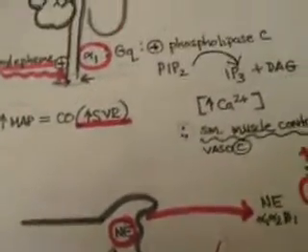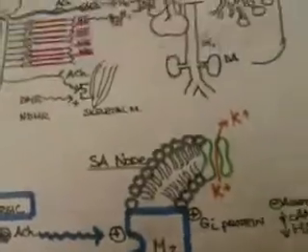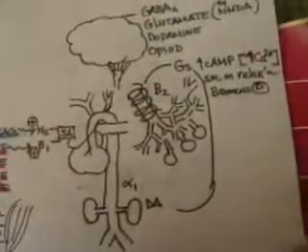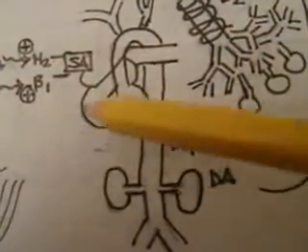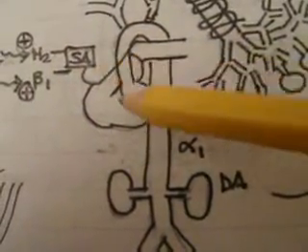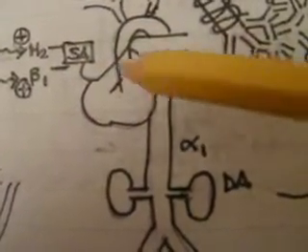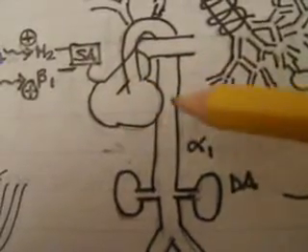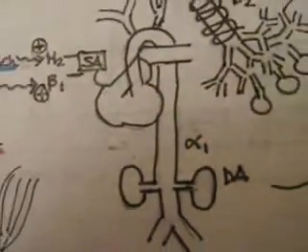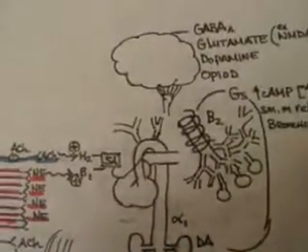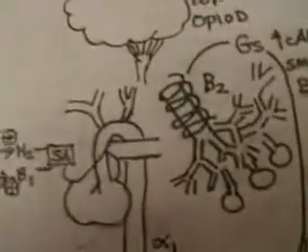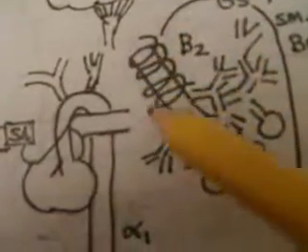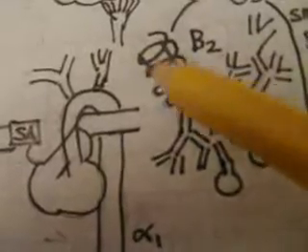Beta-1 receptors, as we talked about before, are within the cardiovascular system, for example at the SA node, and that helps with the chronotropic, which is the heart rate, the dromotropic, which is the conduction velocity, and the inotropic effect, which is the contractility of the heart. And the beta-2 receptors, which we'll talk about more in detail later, are within the smooth muscles of the pulmonary airways or the respiratory airways.